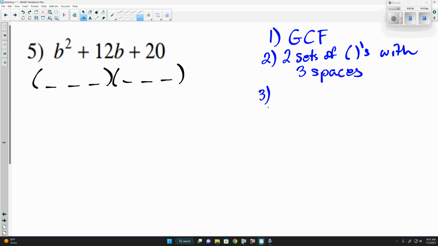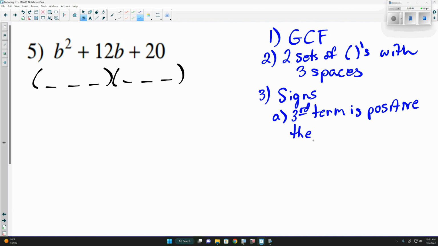Now, our third step is to find the signs. If the third term is positive, the signs are the same and match the sign of the middle term.